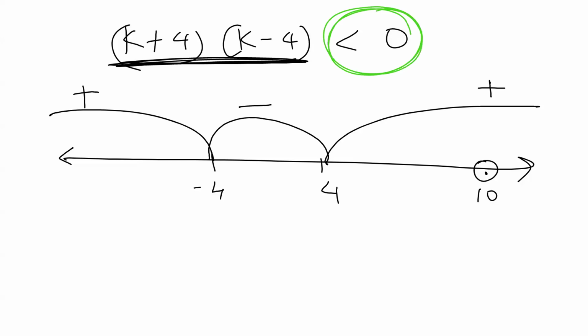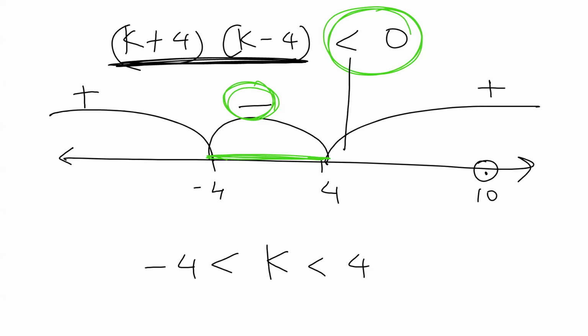What is the meaning of less than 0? Negative. And that interval is over here. So the k value lies between -4 and 4. Will it include -4 and 4? Why? There is no equal to over here.